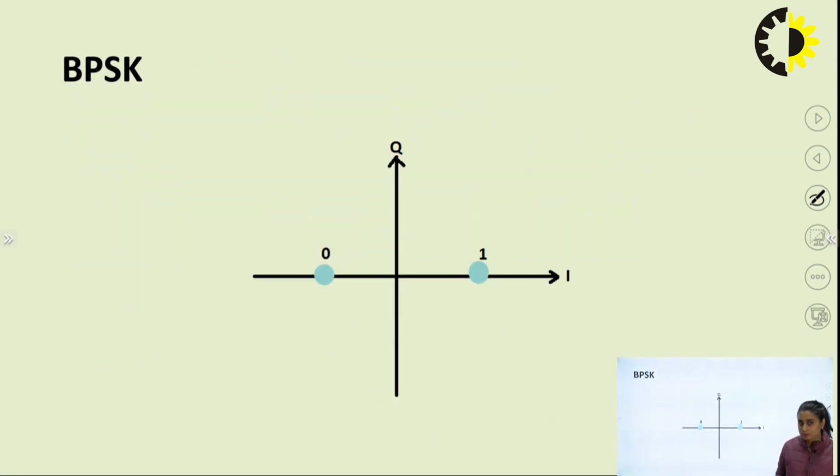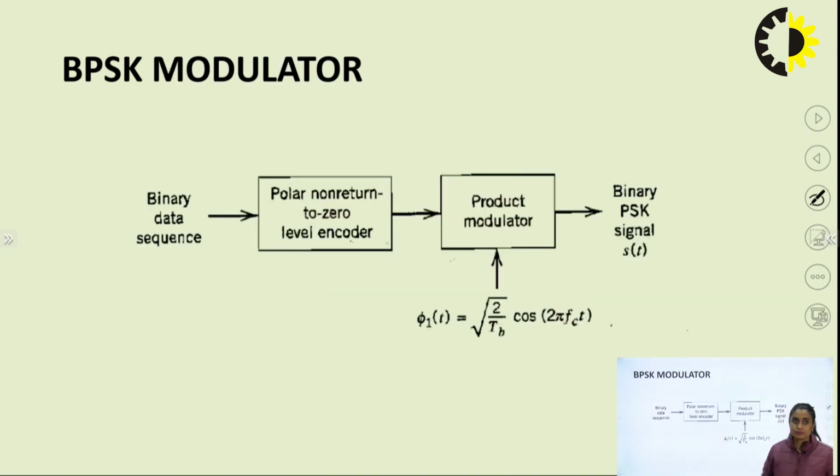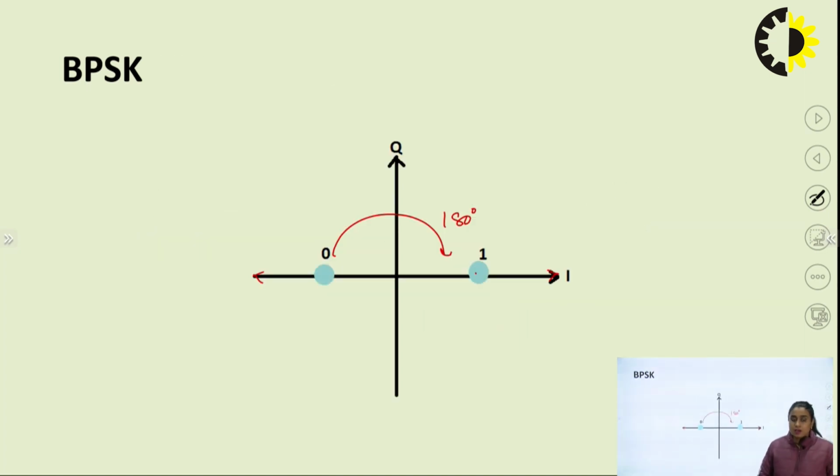So this represents, if corresponding to bit 0, I represent phase in this direction, corresponding to bit 0 here, 180°. If I want to draw the waveform for PSK, let's see.